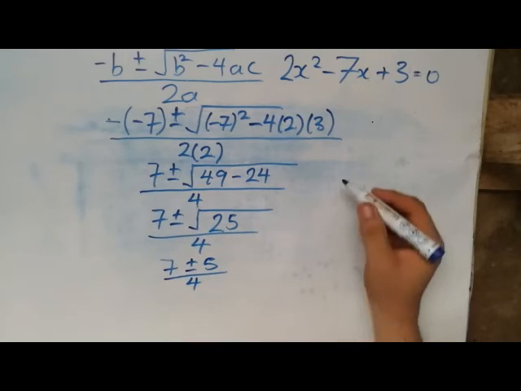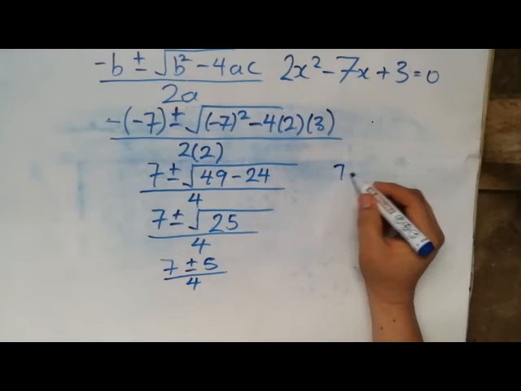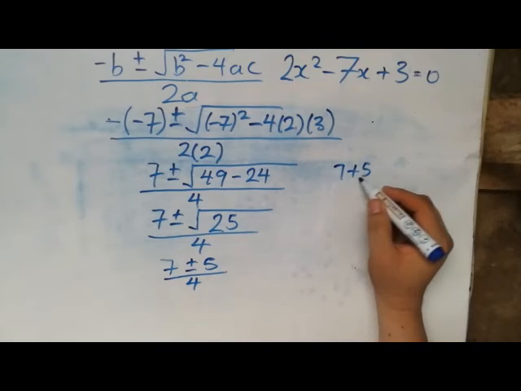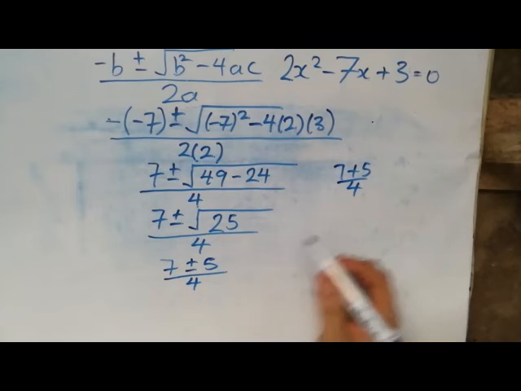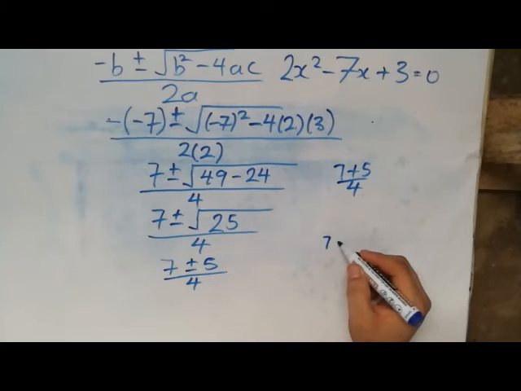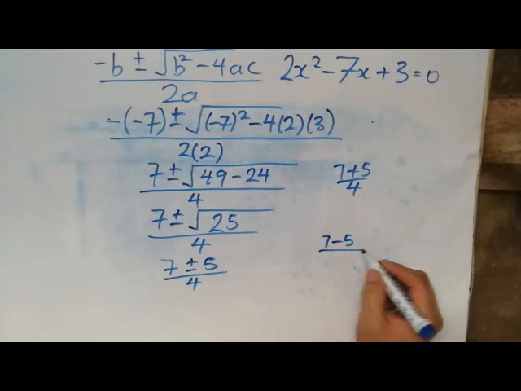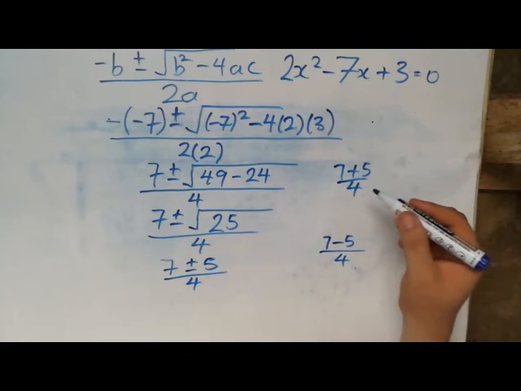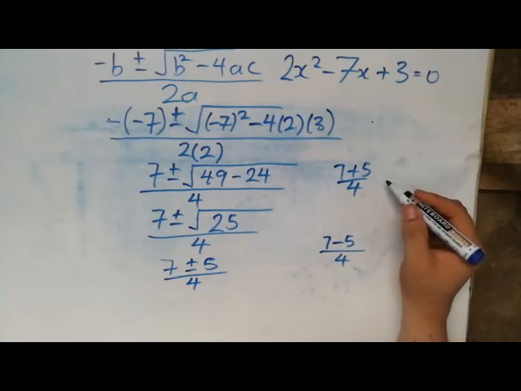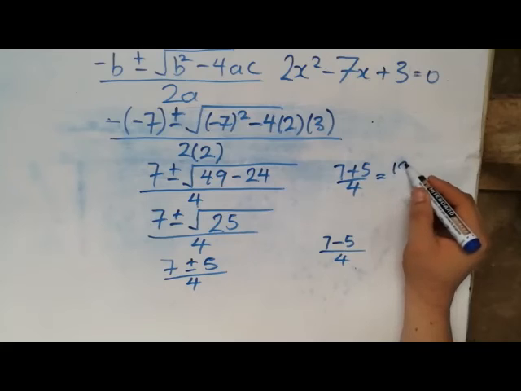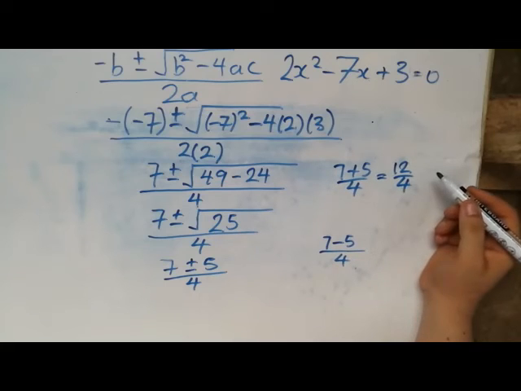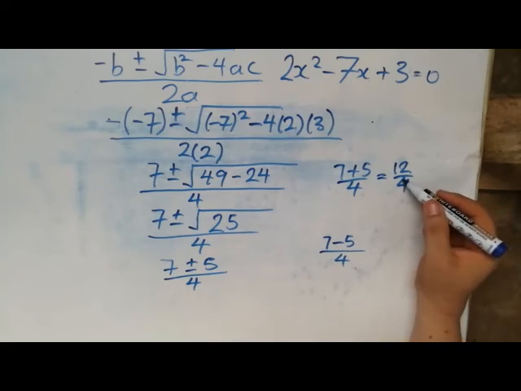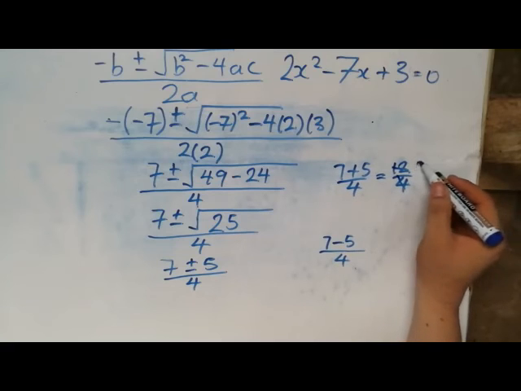So for the first one, we'll have 7 plus 5 all over 4. For the second one, we'll have 7 minus 5 all over 4. So for this, we'll have 7 plus 5 is equal to 12 over 4, which we can reduce. 4 into 4 is 1, 4 into 12 is 3.